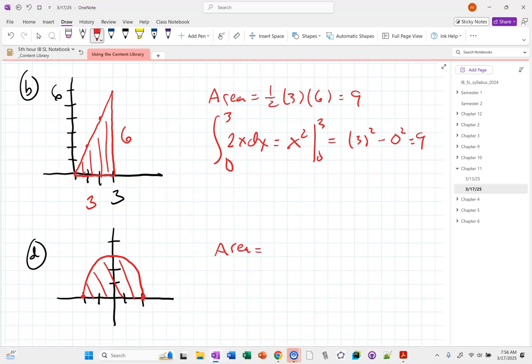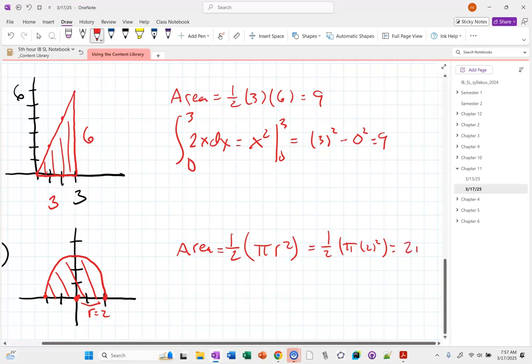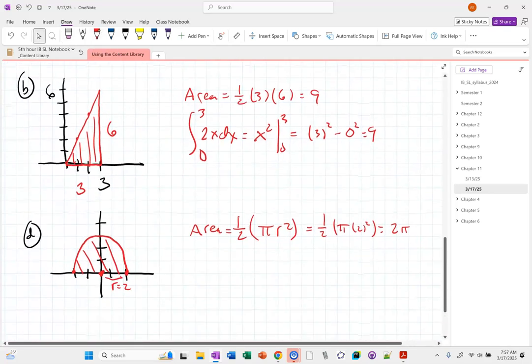Looks like half a circle. What's the area for a circle? Pi r squared. So the center of my circle here is at 0, and that's my radius. So we get 2 pi for the area.